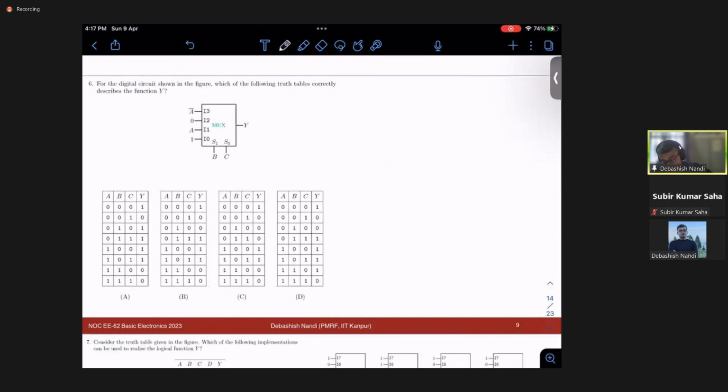For the digital circuit shown in the figure, which of the following truth tables correctly describes the function y? Okay. So you see, what do we have?